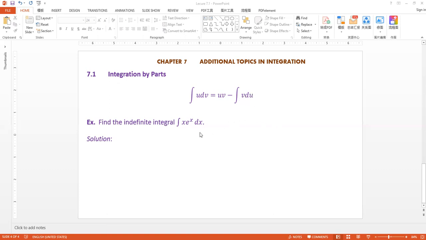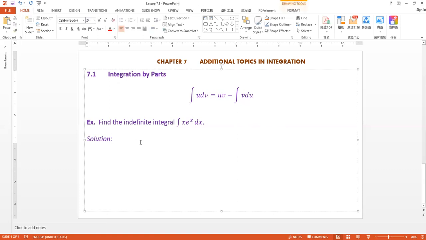Okay, so we have to do an example to see how this works and what the idea is. The important thing and the key is to identify the problem as u dv. So we have the problem to find the indefinite integral of x e to the x dx. How do we compare this problem with the formula on the left-hand side? First we have to consider the whole thing, x times e to the x dx, as u dv.